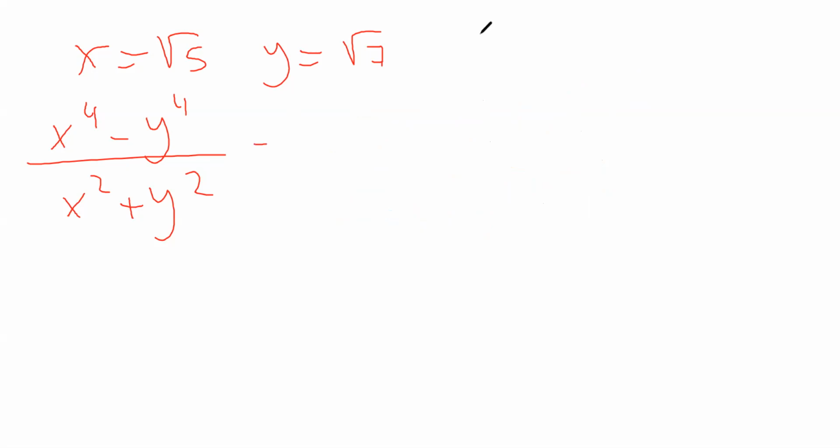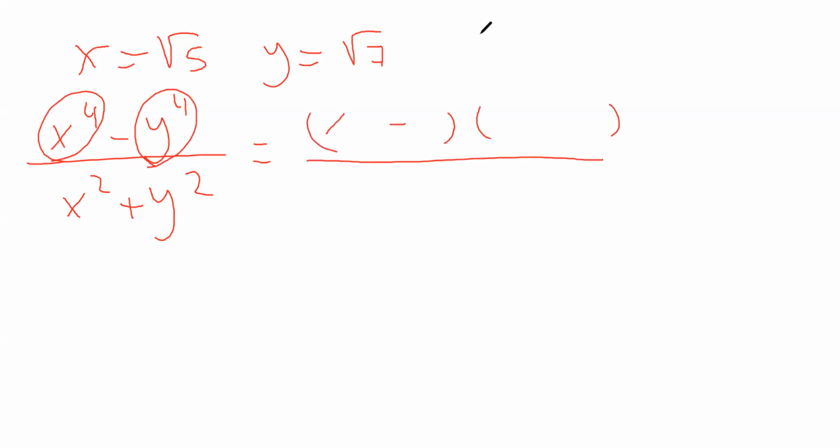Okay. Let's simplify. And anyone remember how to simplify x power 4 minus y power 4? Which type of factorization is this? This is difference of two squares. I can simplify it by two brackets, one positive, the other negative. x power 4 under root: x square and x square, y square and y square.